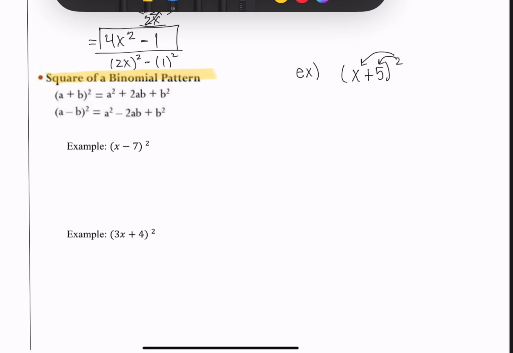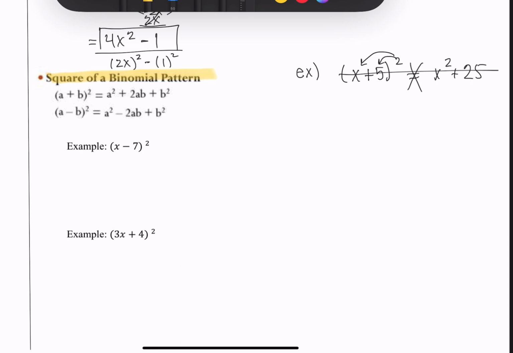You're only allowed to distribute some polynomial to another polynomial over addition or subtraction, okay? No distributing exponents. It doesn't exist. So what I'm trying to tell you is this is not x squared plus 25. It is not that. This is very bad. Don't do this.